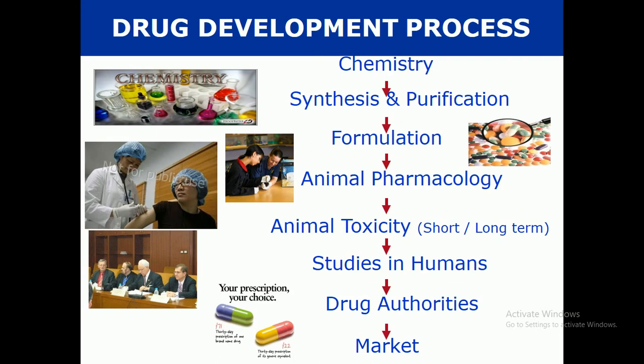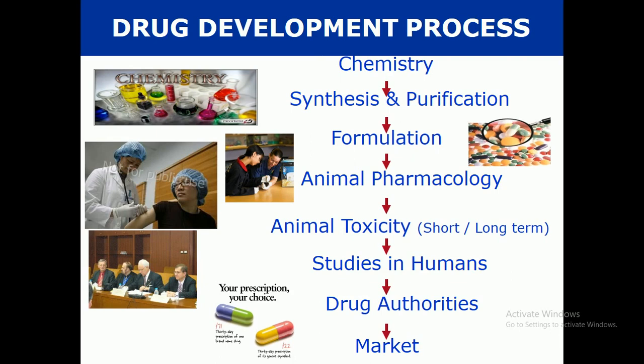We perform different types of experiments on animals: animal clinical tests, animal toxicity, short or long term. Then we perform studies in humans, and then the drug authorities review it, and then it can be launched in the market.